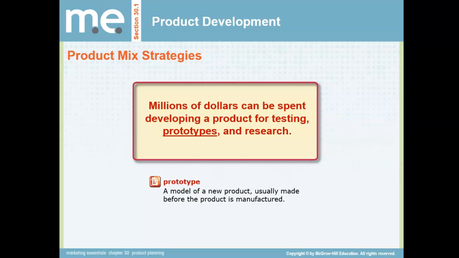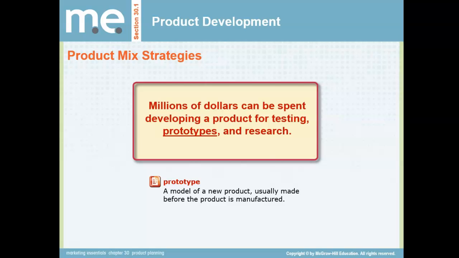So, prototype, and we're coming to the end, is a model of a new product made before the product is manufactured. And we've talked about this before, but I do have some interesting examples, and I'll go back to the auto industry because we always see prototypes of various new vehicles.